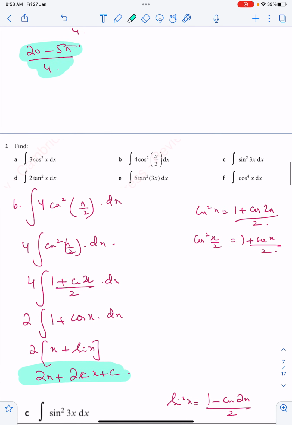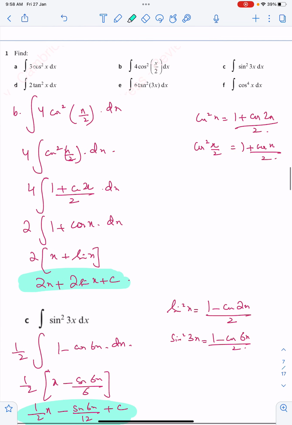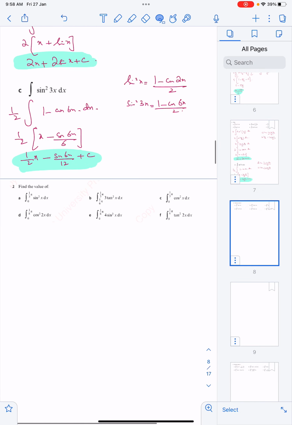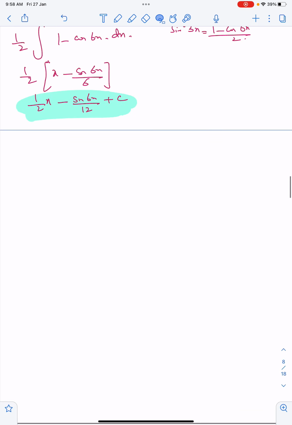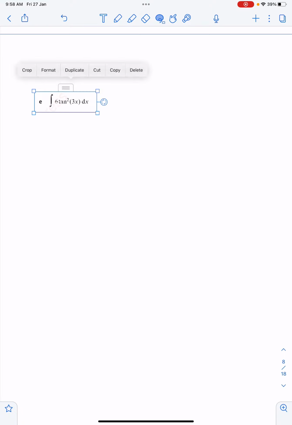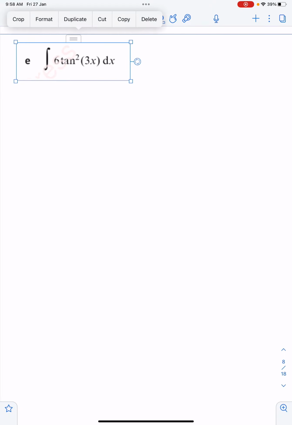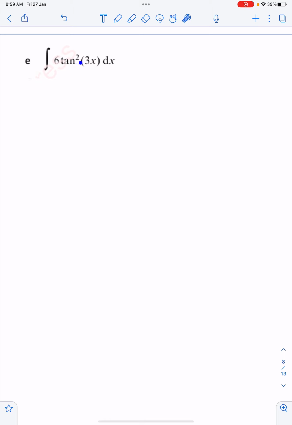Okay, moving on to the E part. It's 6 tan square 3x. Okay, we know tan square x is going to be sec square x minus 1, because this is the identity.